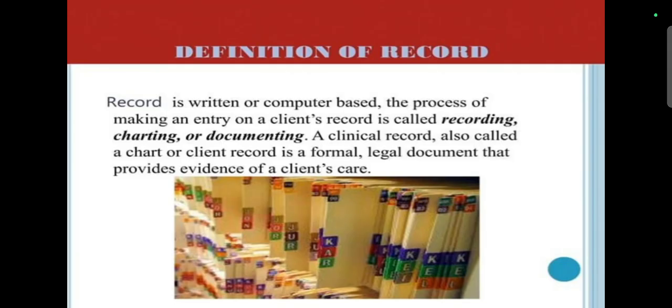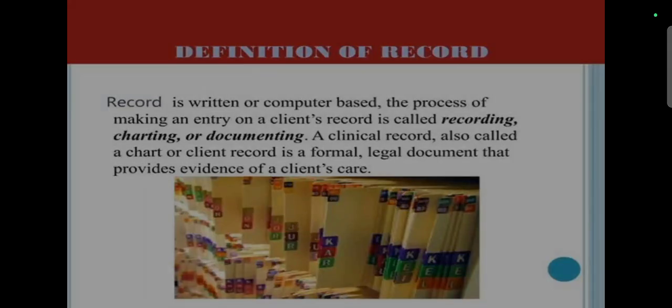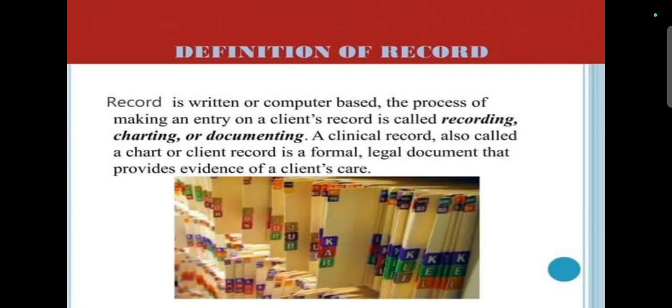Now, the following should be written on the medical records folder, made by the nurse and other supervisors: the patient's name, the patient's medical record number, and the year of the last attendance.